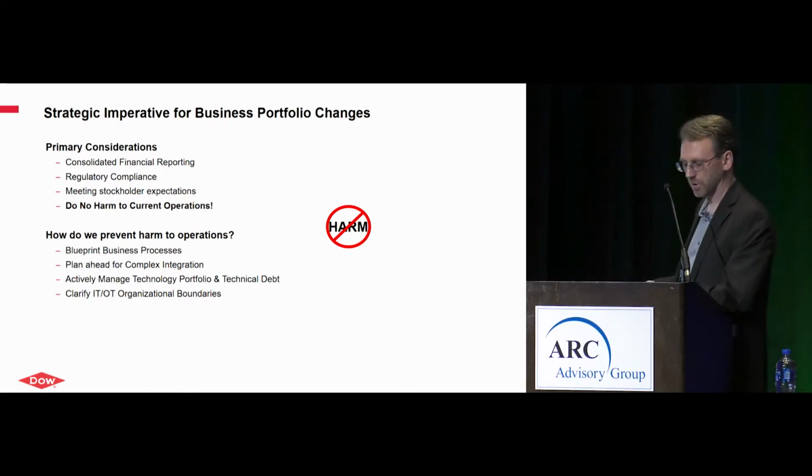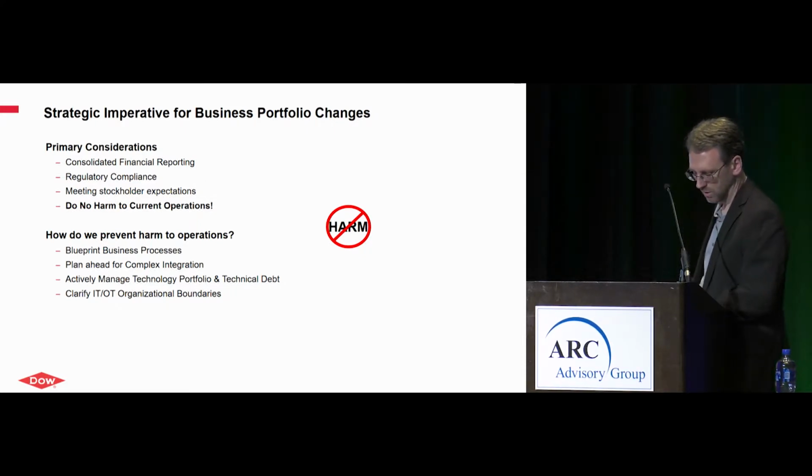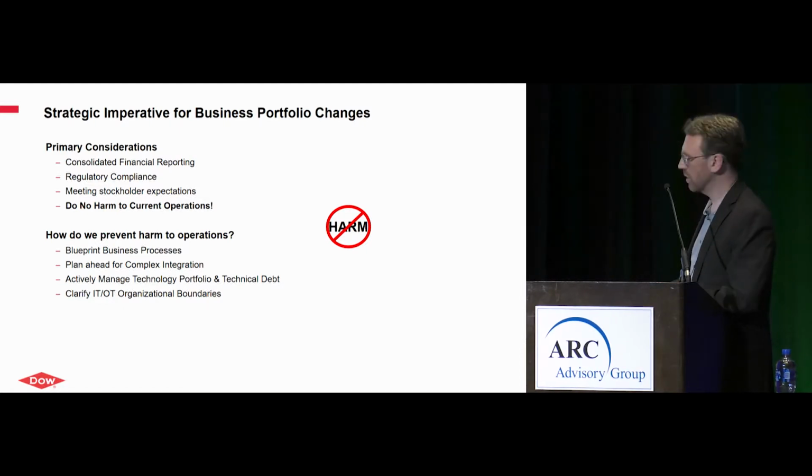So when we think about the priorities and the focus with respect to these M&As, the first one, obviously, is you need to be able to satisfy the regulatory requirements and get all the regulatory approvals.